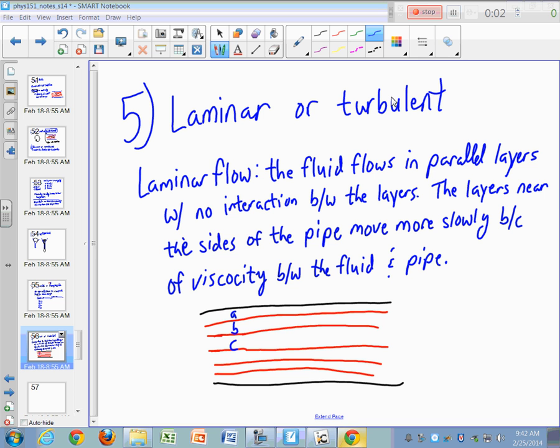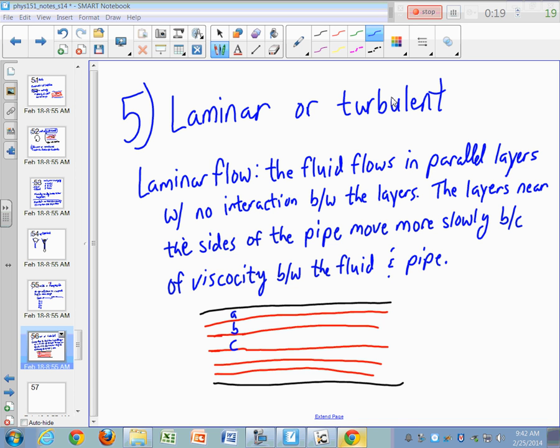Will it travel at location A, which is near the side of the pipe? Will it travel fastest at B or at C?